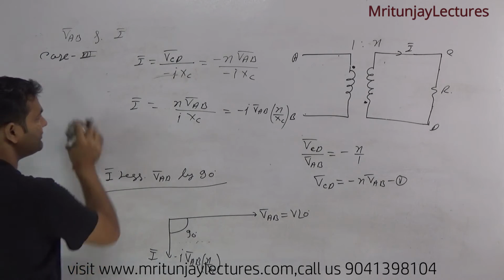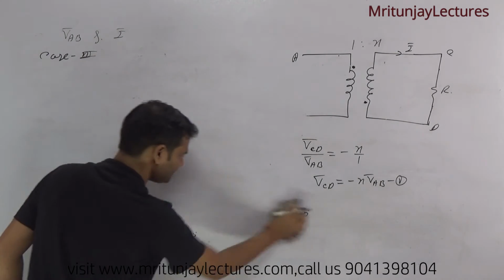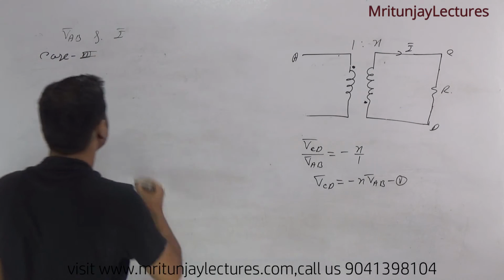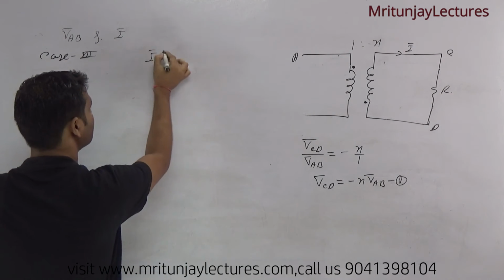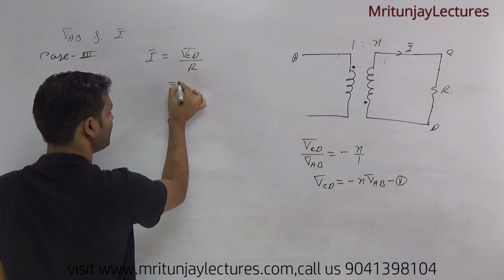Now in this case, I is equal to V of CD divided by R. What about V of CD?